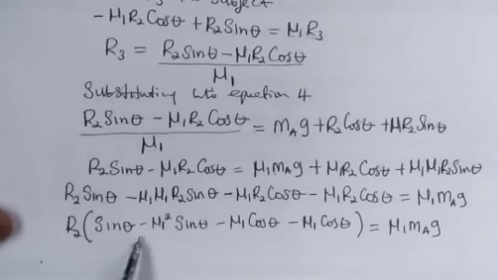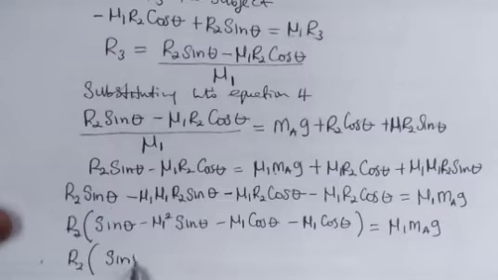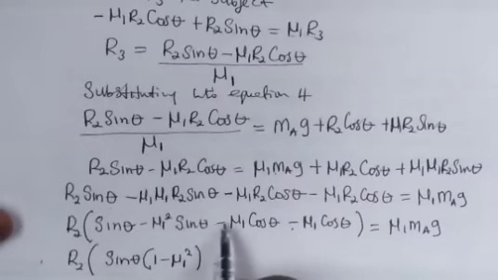Now if I choose to write this, I can factorize, still having R2 open bracket. What is common here? Sine theta is common. I bring out the sine theta, open the bracket, here will remain 1 minus mu1 square. Then what's common, this is minus minus.